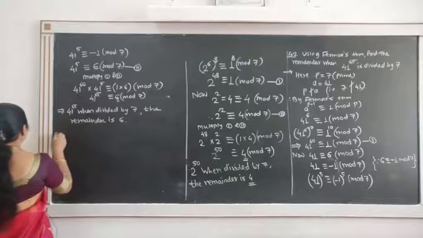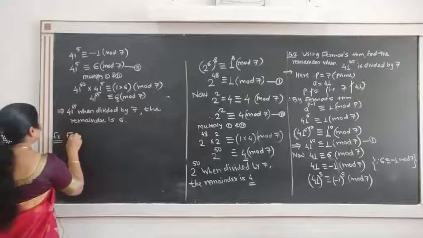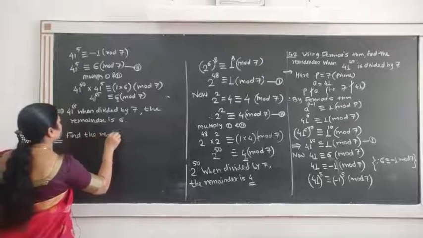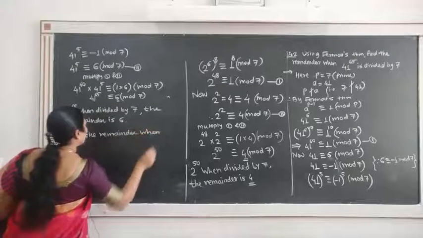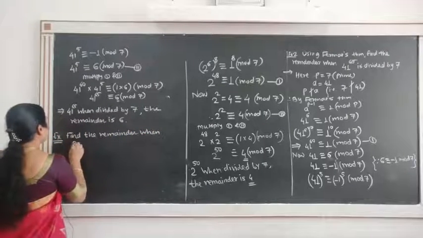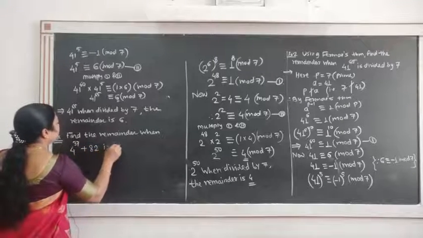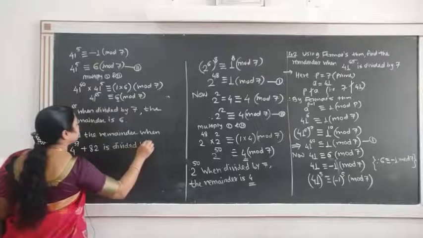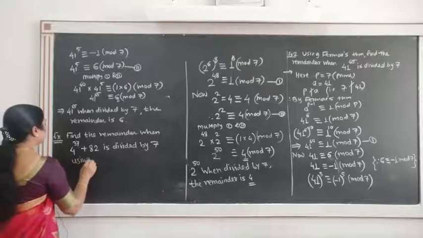Consider the next example. Find the remainder when 4 raised to 37 plus 82 is divided by 7 using Fermat's theorem.